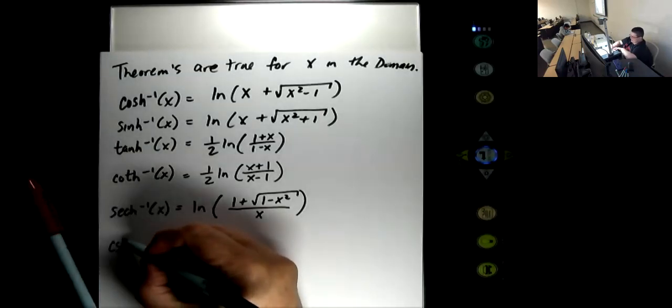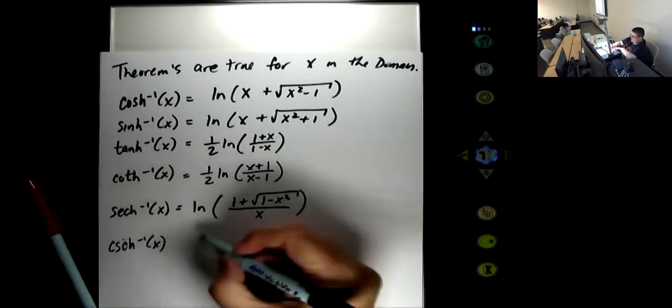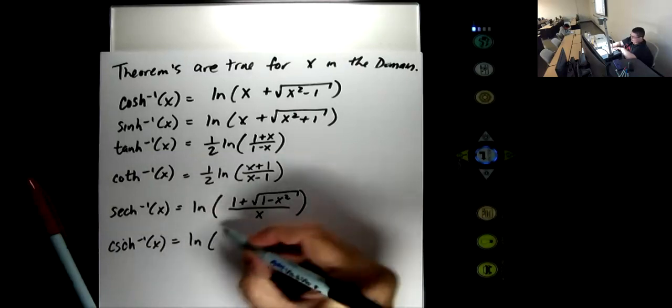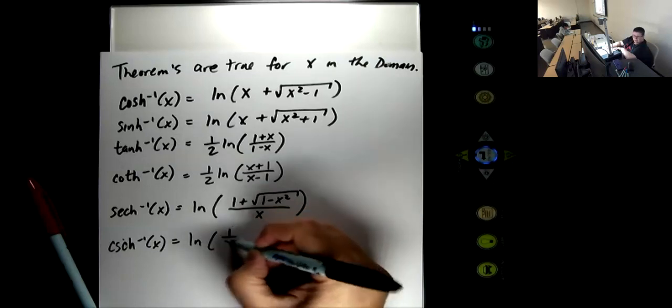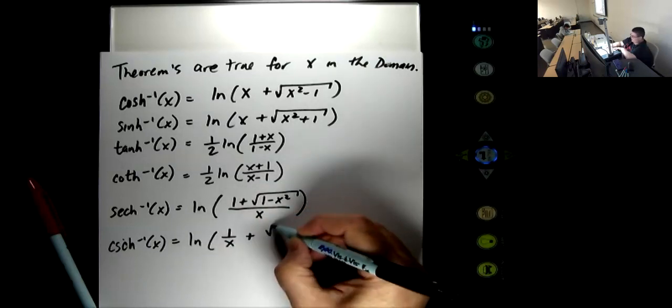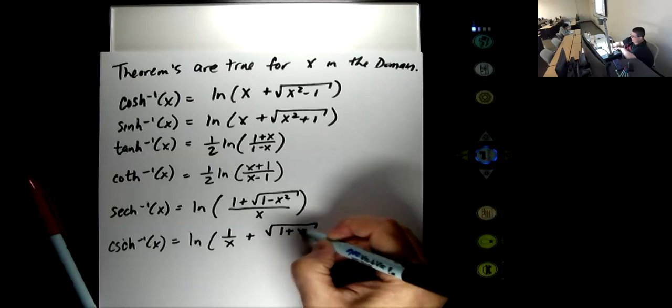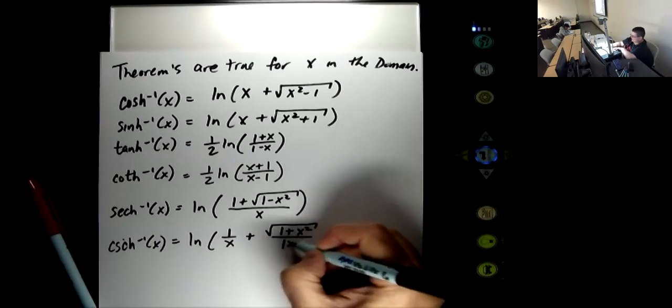And finally, the hyperbolic cosecant inverse. We've got 1 over x plus the square root of 1 plus x squared over the absolute value of x.